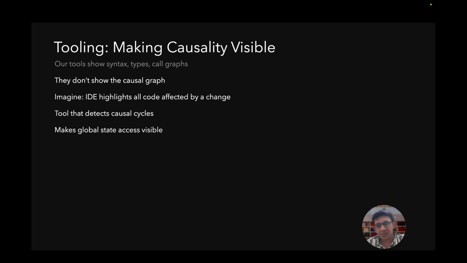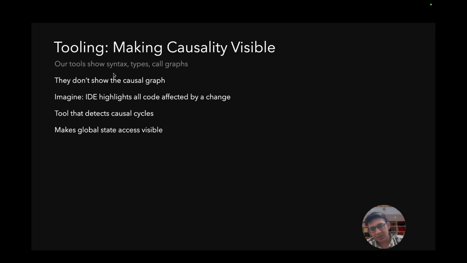Our tools show us syntax, types, and call graphs, but they don't show us the causal graph. Now imagine an IDE that highlights all code affected by a change, not just syntactic dependencies, actual causal impact. If you modify this function, these other functions might behave differently.